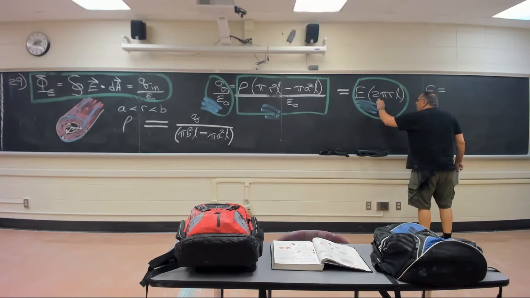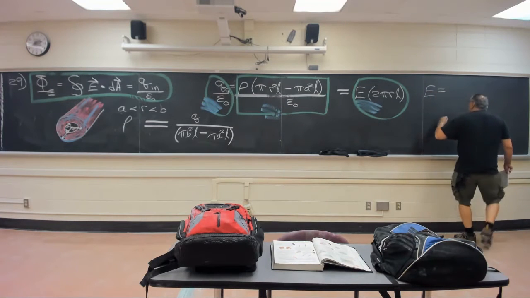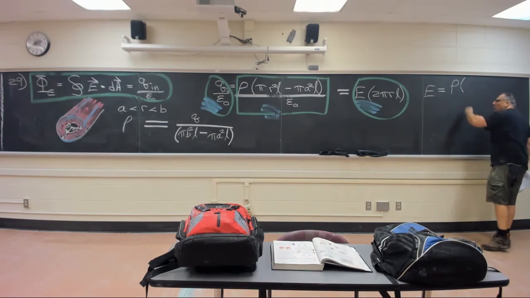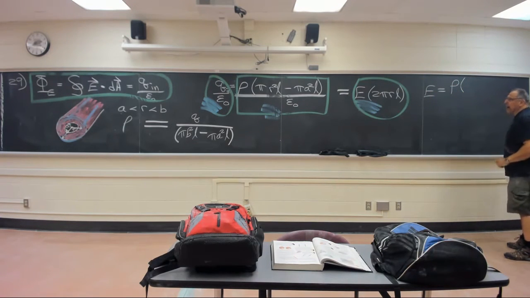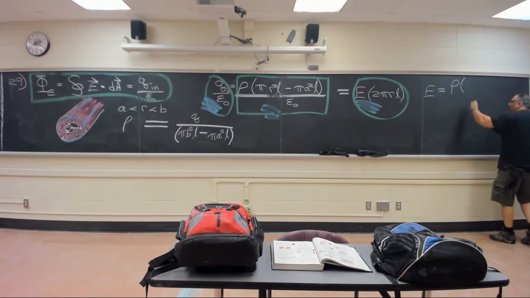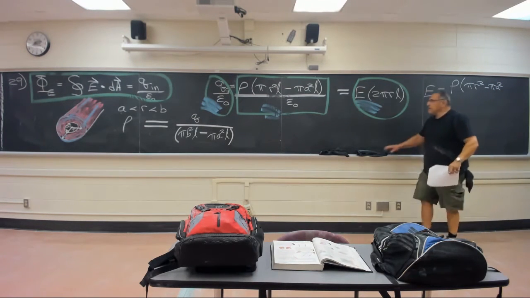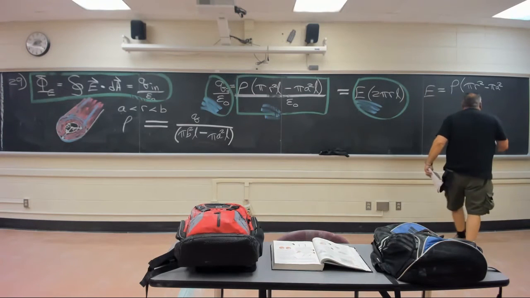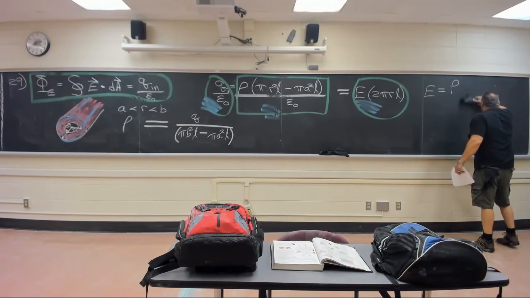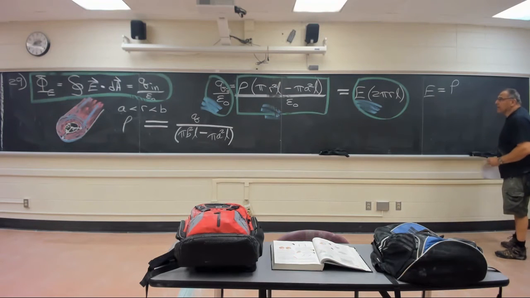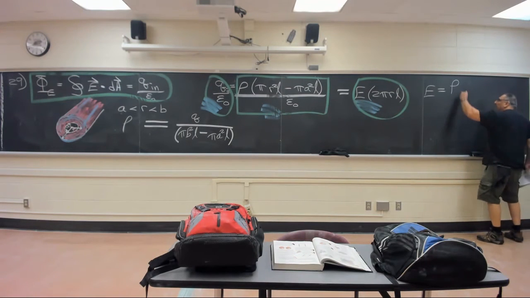Divide by 2 pi r L on each side. So you got rho times pi r squared L minus pi a squared L. I mean, there's a lot I can do here, guys. There's a pi, there's an L. Might as well just kill all the birds with one stone, I guess you could say.